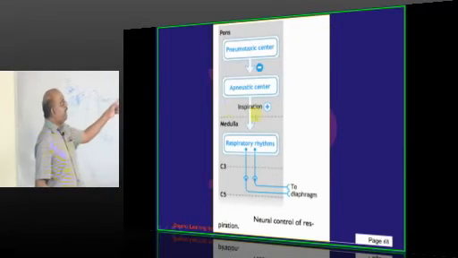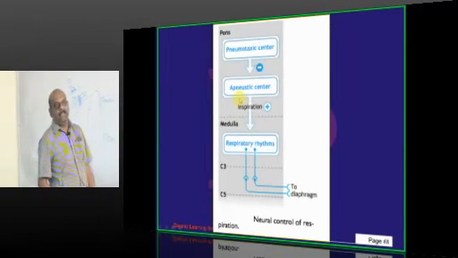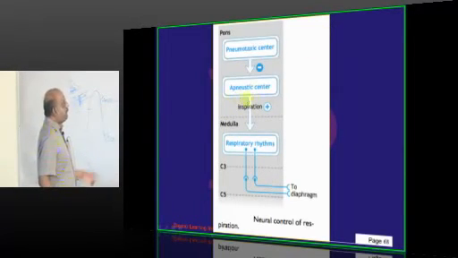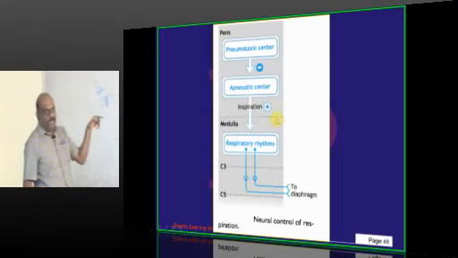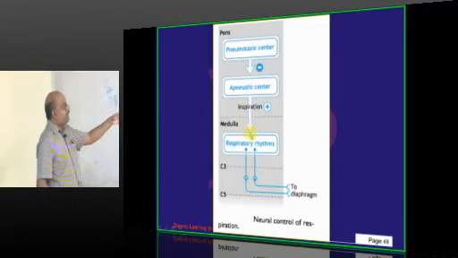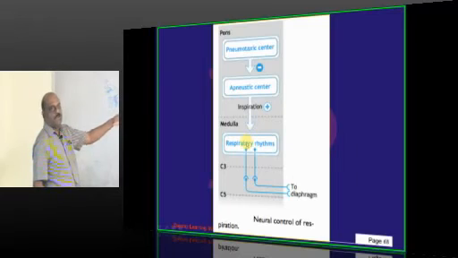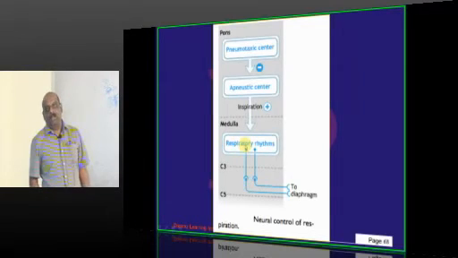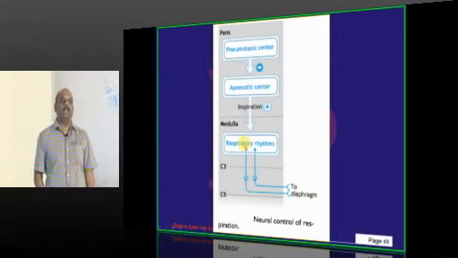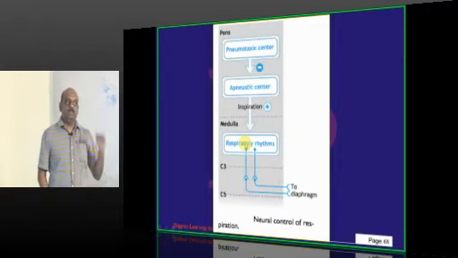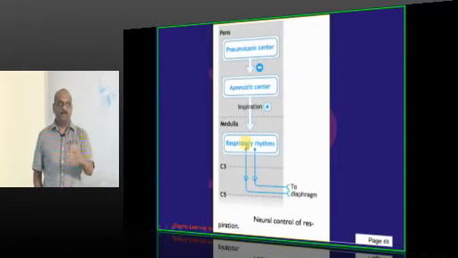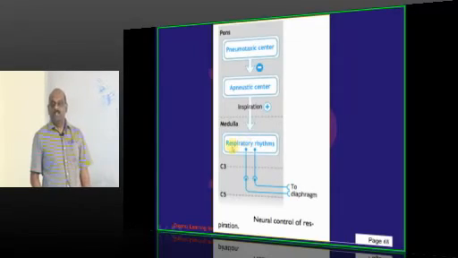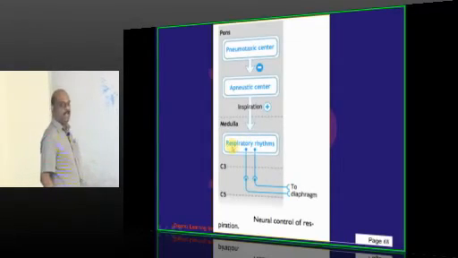Pneumotaxic center, which controls the apneustic center by inhibiting it. Apneustic center in turn will stimulate the inspiration and respiratory rhythm in the medulla. That is how the hierarchy is: principal, HOD, associate professor, assistant professor and senior MD, senior postgraduate.